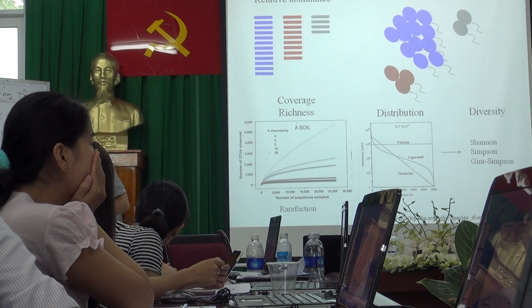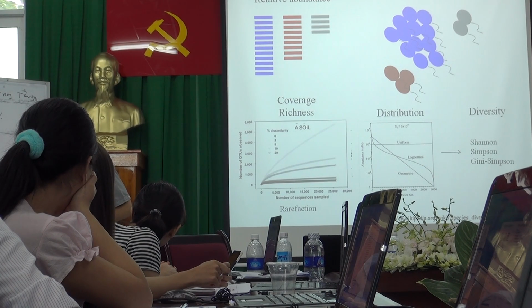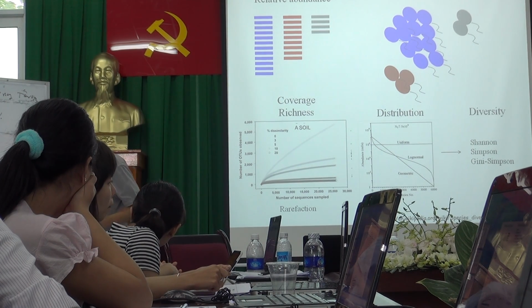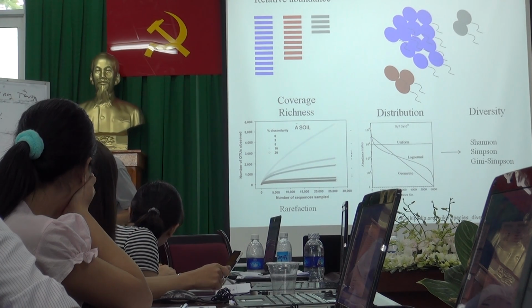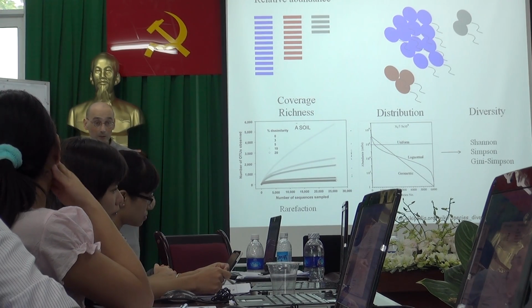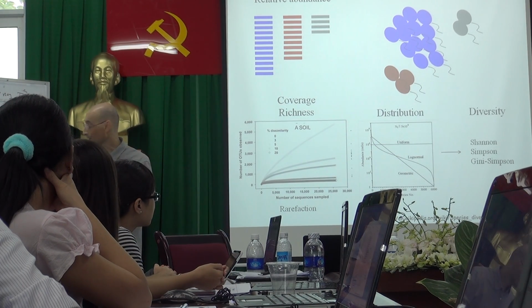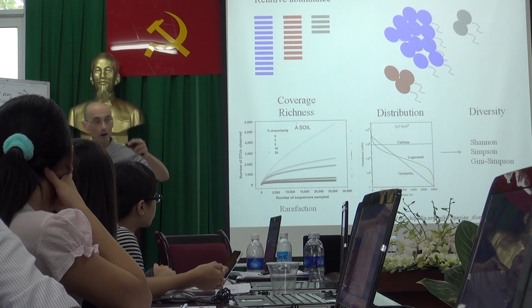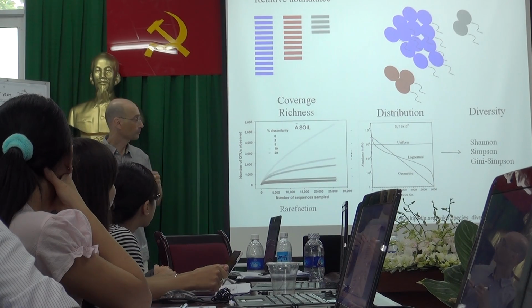Meaning, if I have here the number of groups, and here the size of the group, will I have few groups with very high population, and many groups with low population, okay? Or will all the groups have the same population size or something else, okay? This is called the distribution. It's also an important parameter. Is every group equal in size, or are the groups very different in size, okay? So this is a parameter.